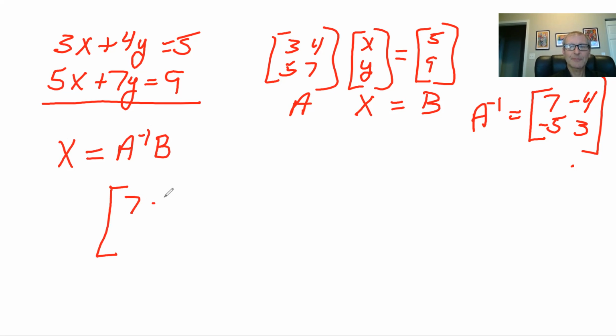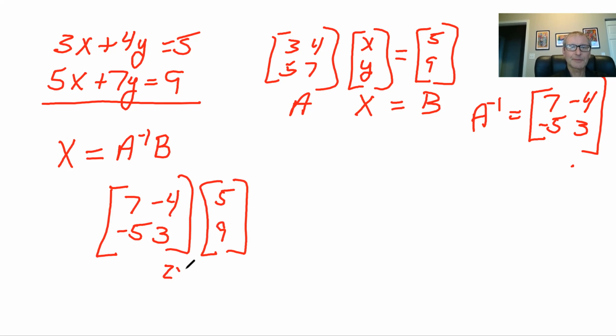So 7, minus 4, minus 5, and 3. And we're going to multiply it by 5 and 9. So this is a 2 by 2, and this is a 2 by 1. So you see these are equal, so we actually can do the multiplication. And what are we going to get? Another 2 by 1, which will be the X matrix.